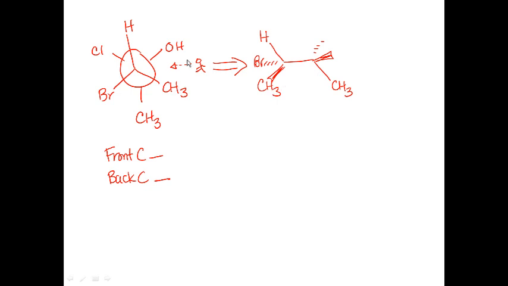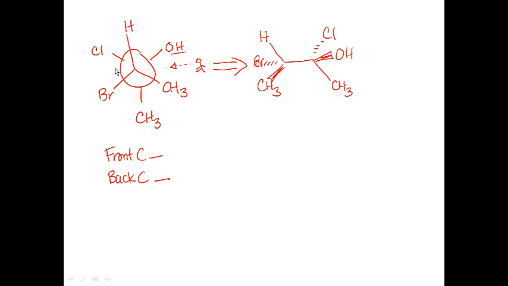How about when I look at the back carbon from this perspective? Well, the OH and the CH3 are pointing towards me, or no, they're not actually. That's the OH that's pointing towards me. So the OH would go on the bold, and then the chlorine is pointing away from me. And the CH3 down here is in the plane.